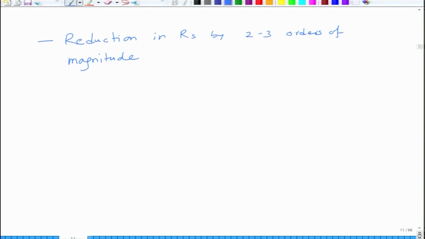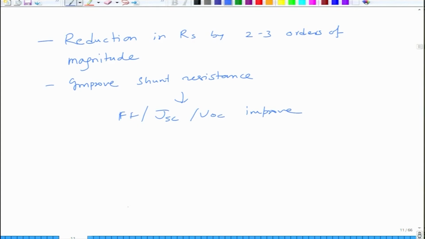And they also improve the shunt resistance, and as a result JSC and VOC improve, also the fill factor.